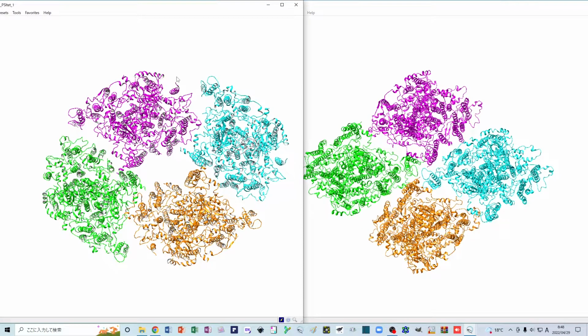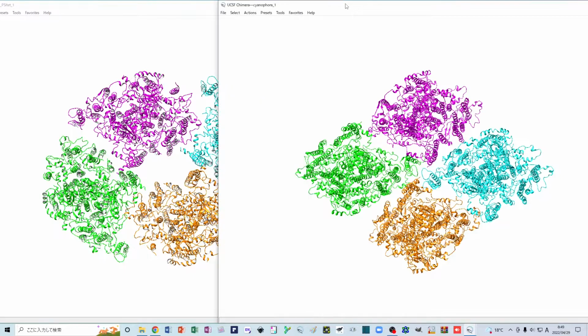However, the tetrameric PS1 structure from the cyanobacterium Anabaena PCC 7120 is shown here. The PS1 monomeric unit is colored green, magenta, cyan, and orange.